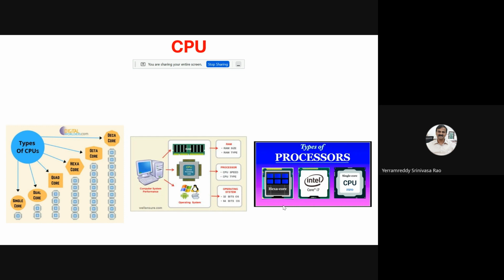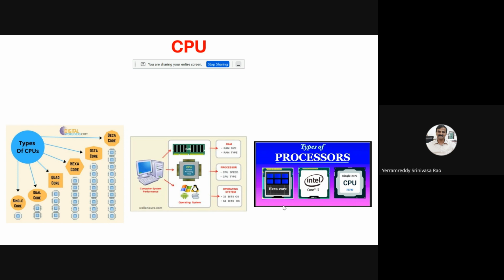And how much memory we are able to store in the computer is in gigabytes, terabytes, always in terms of kilobytes, megabytes, gigabytes, and today we have reached terabytes.